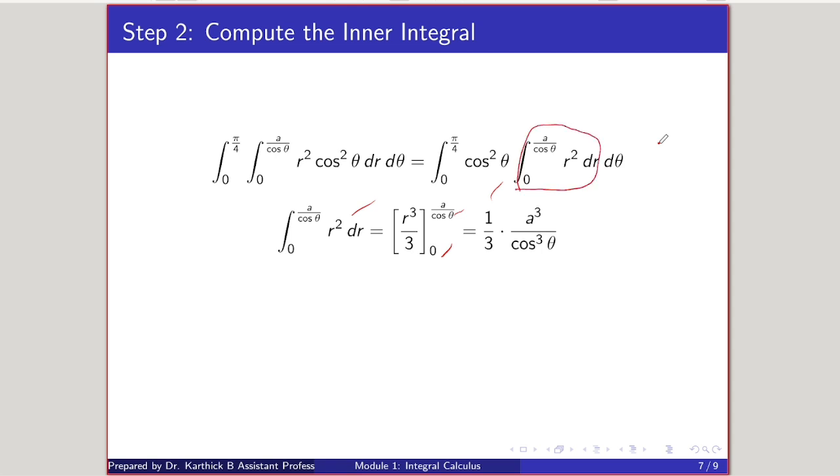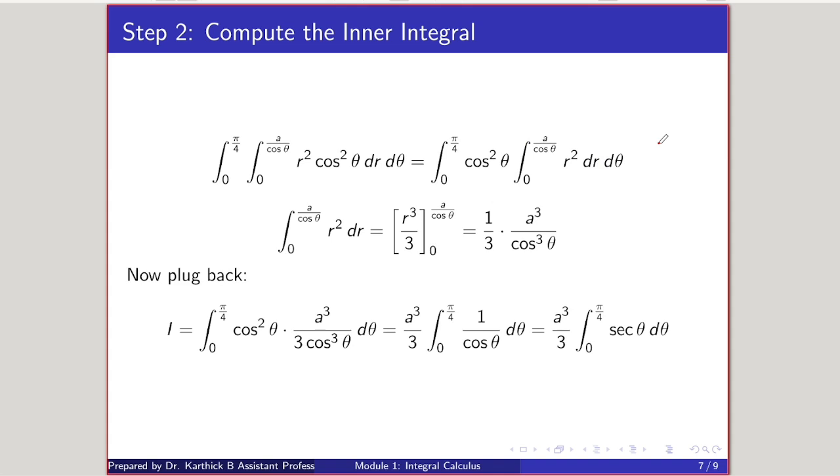Then I make a substitution of this again into this equation. Instead of this, I get a cube by 3 cos square theta by cos cube theta d theta, and cos square and cos cube get cancelled. Finally I am getting a cube by 3 times 1 by cos theta d theta.